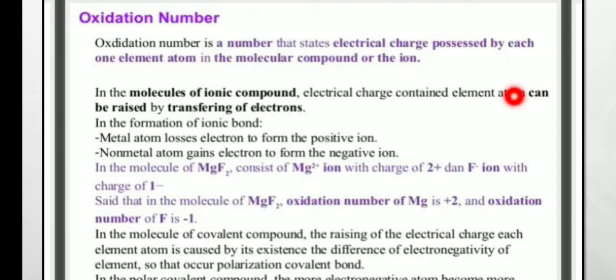In the formation of an ionic bond, the metal atom loses electrons to form a positive ion. The non-metal atom gains electrons to form a negative ion. If the molecule MgF2 consists of Mg2+ ion with a charge of 2 plus, then F minus ion with a charge of 1 minus, we say that in the molecule of MgF2 the oxidation number of magnesium is +2 and the oxidation number of fluorine is -1.